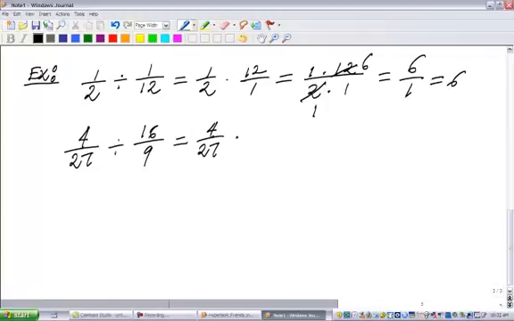This is the same as, let me write it this way, 4 times 9 divided by 27 times 16.